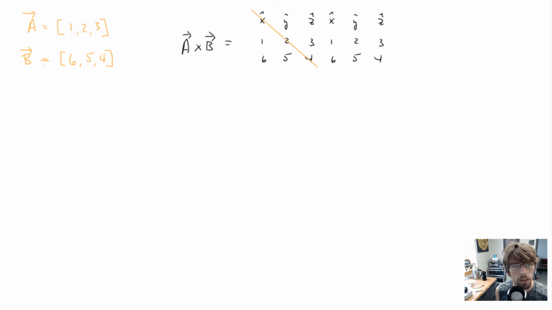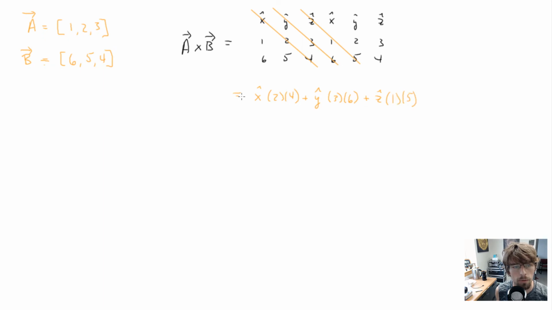So we have X hat times 2 times 4. And the next one, Y hat, we have plus, so remember right now we're doing pluses because we're drawing downwards, 3 times 6, and let's go again, plus Z hat times 1 times 5.